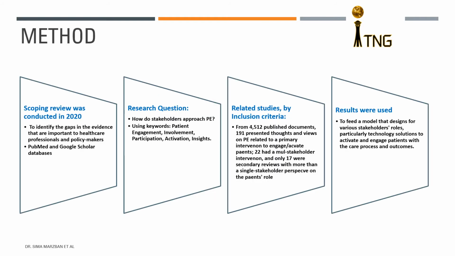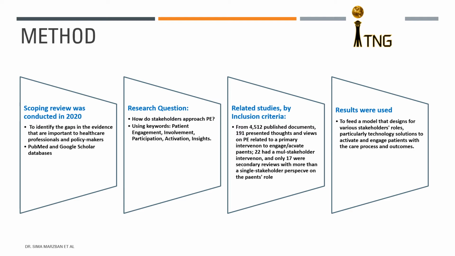The method of this study was a scoping review, and the study was conducted in 2020 in scientific databases like Google Scholar and PubMed. The study was designed to identify gaps in evidence that are important to healthcare professionals and policymakers in regard to PE leadership. The research question was how stakeholders approach patient engagement.